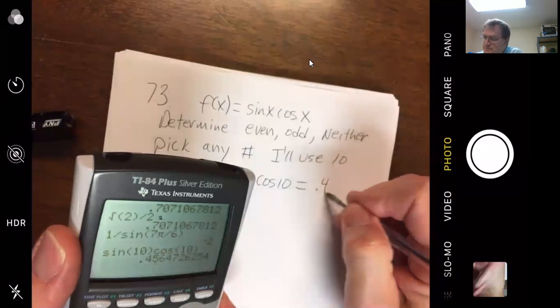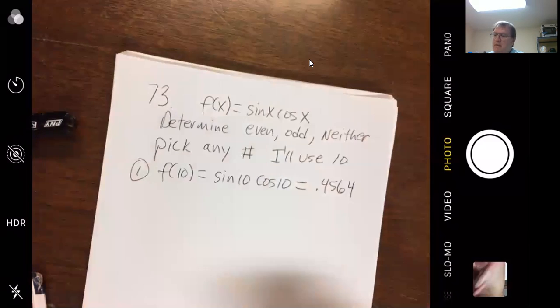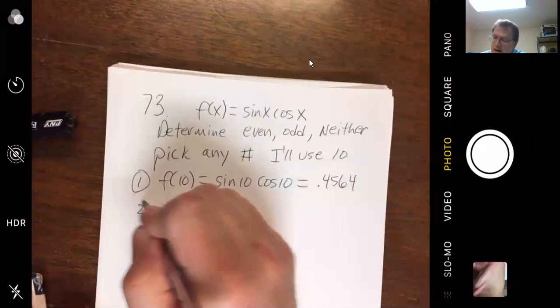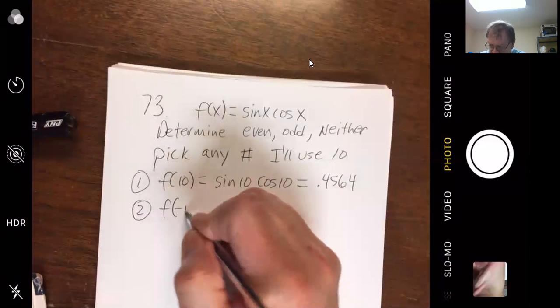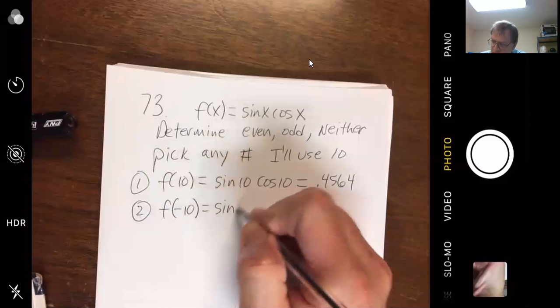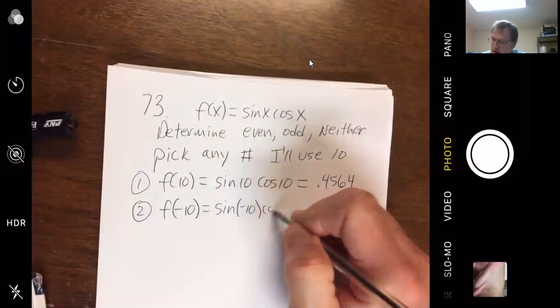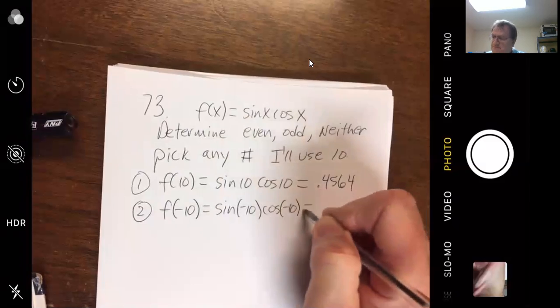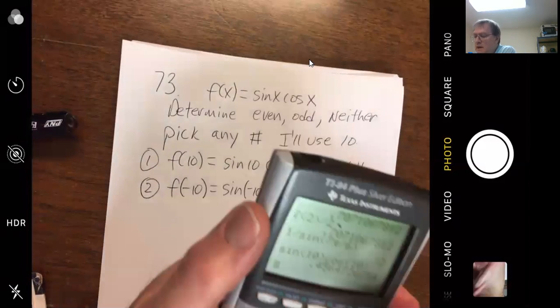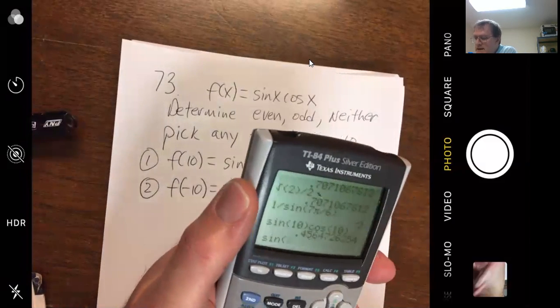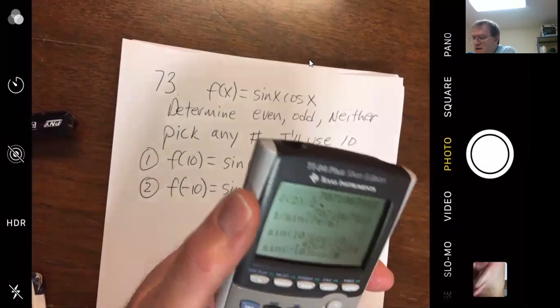0.4564. Now do f of negative 10. Sine of negative 10, cosine of negative 10.